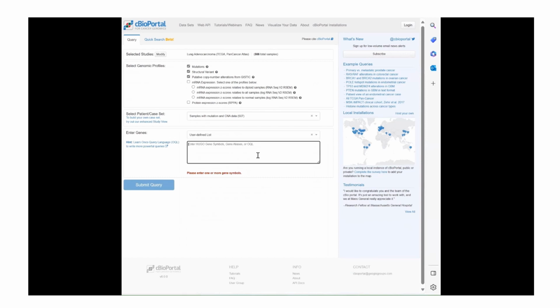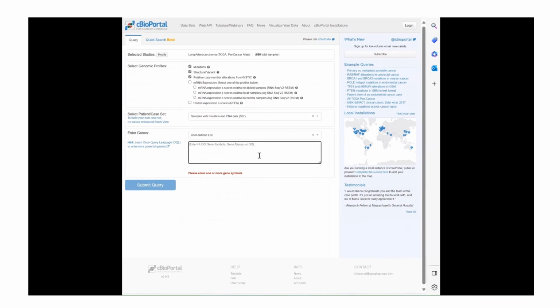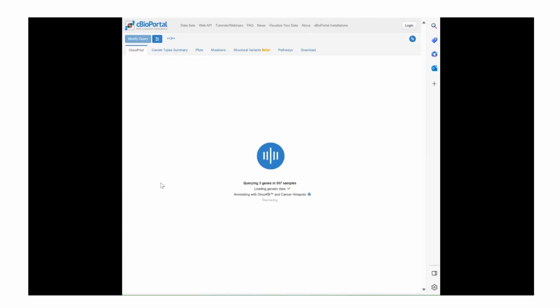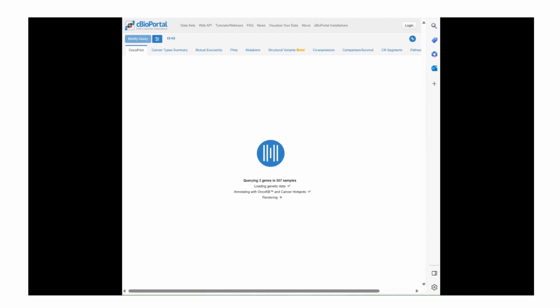For the sake of simplicity, we're just going to stick with the ones that we already used in the previous tutorials, which were TP53, CAB1, and KRAS.